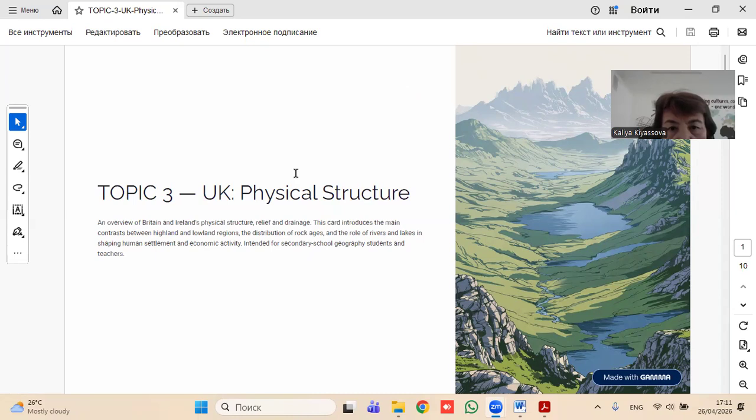The card introduces the main contrasts between highland and lowland regions, the distribution of rock ages, and the role of rivers and lakes in shaping human settlement and economic activity. Intended for secondary school geography students and teachers.